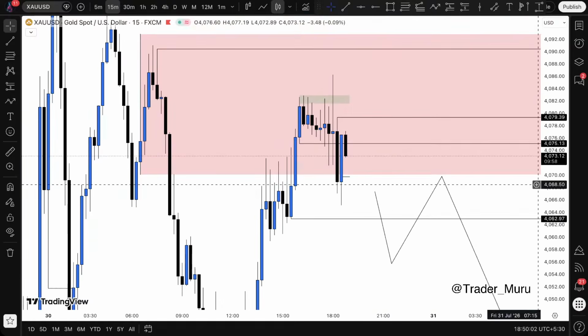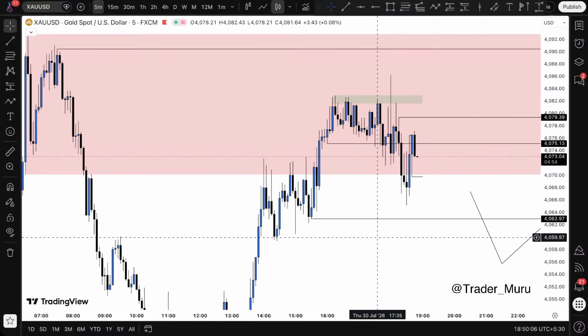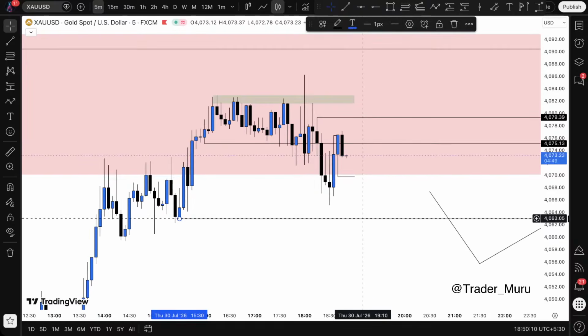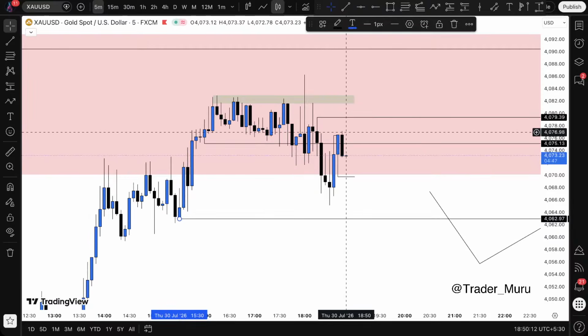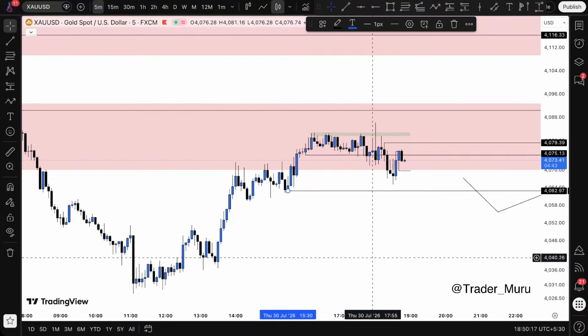Price is trying to drop. Our target is still 63 first. If we get it, then we can put our stop loss at break even, and then we can hold it for more drop.